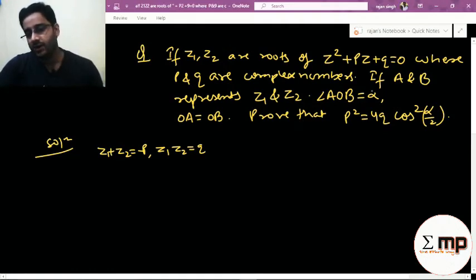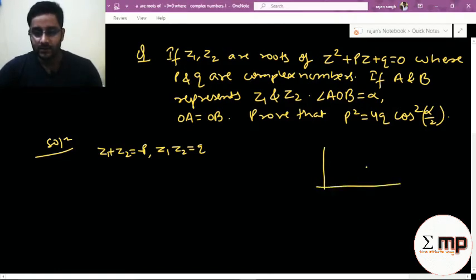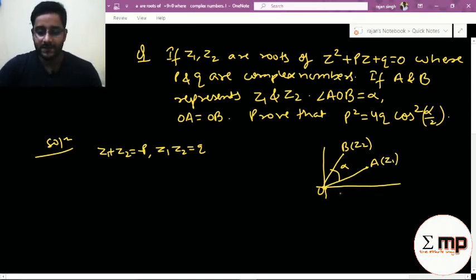Let's say that's the argand plane, and this is A, let's represent z1, and that's B, which is z2. O is the origin. So angle AOB is given as alpha, and OA and OB lengths are equal.